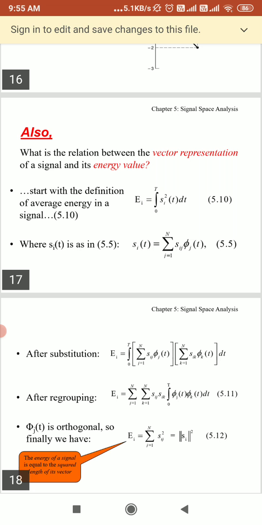Si of t is the signal we are transmitting, Sij is the scalar coefficient, and phi j is the basis function.